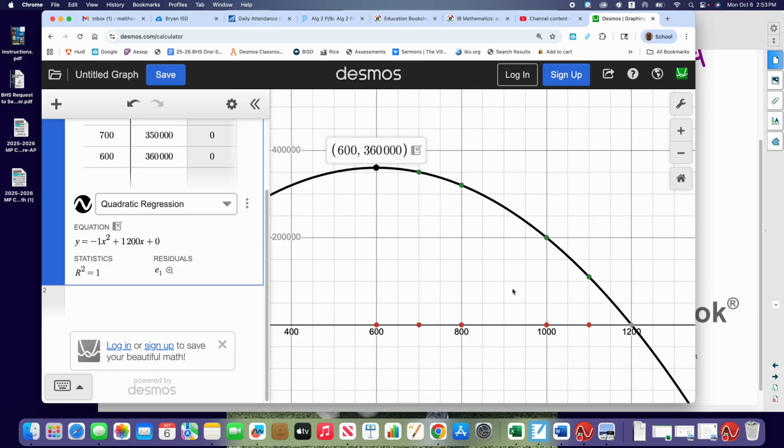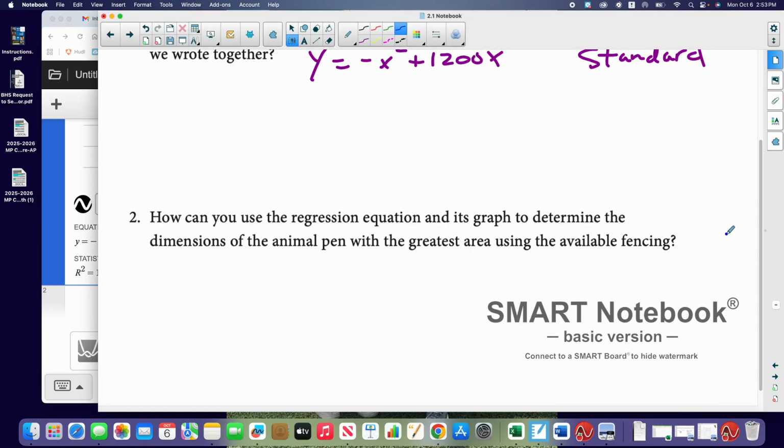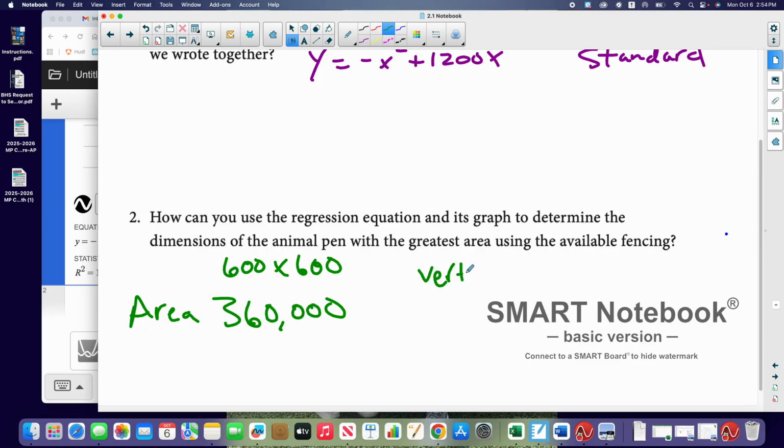So if I was going to build this fence for my animal, I would build it 600 by 600, which would give me an area of 360,000. Many of you said this a while ago: we're going to find the vertex, which in this case is the maximum point.